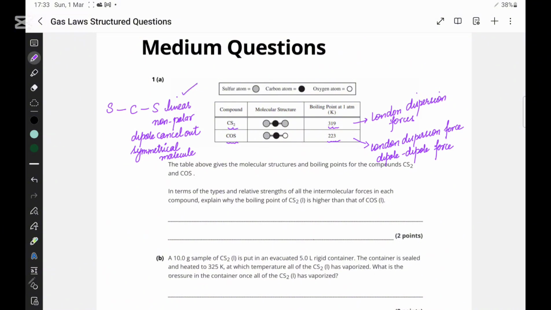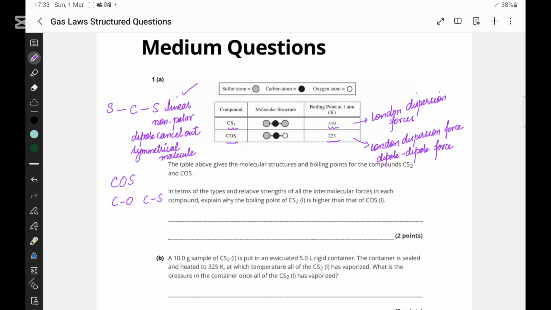While if you see the COS molecule, it is going to have a carbon oxygen bond and a carbon sulfur bond.